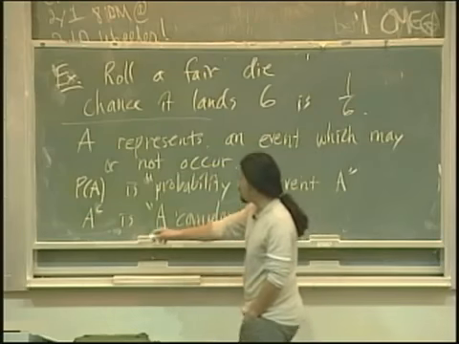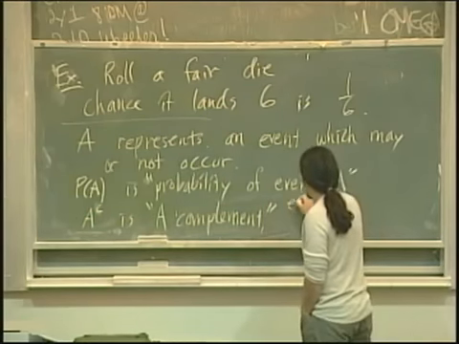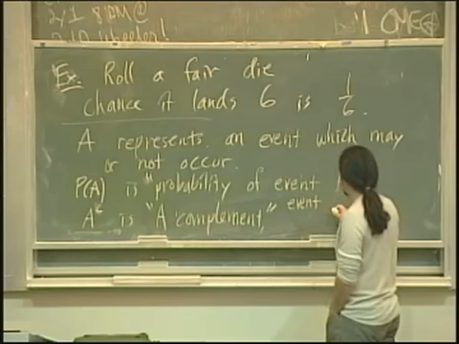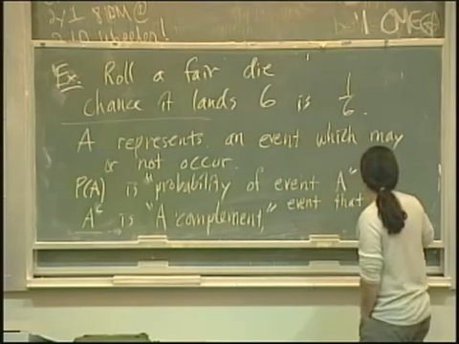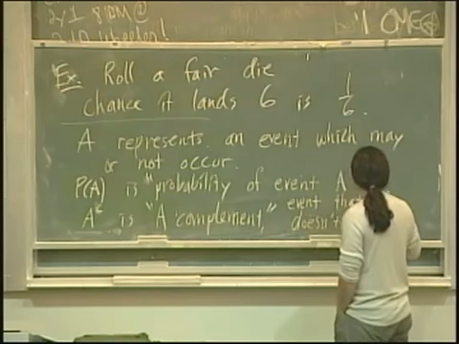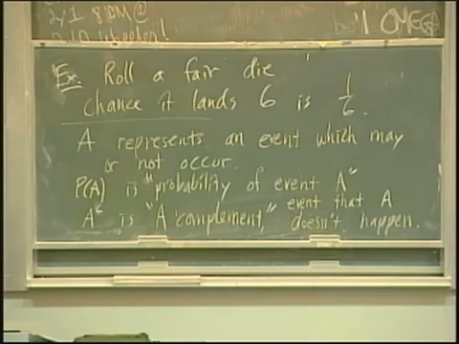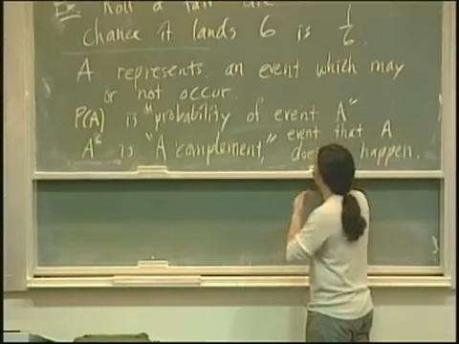So this is itself an event, and it's the event that the event A doesn't happen. So you think of the word. It's not a really common word, but like I say, it's the complement of the event. It's the other stuff.